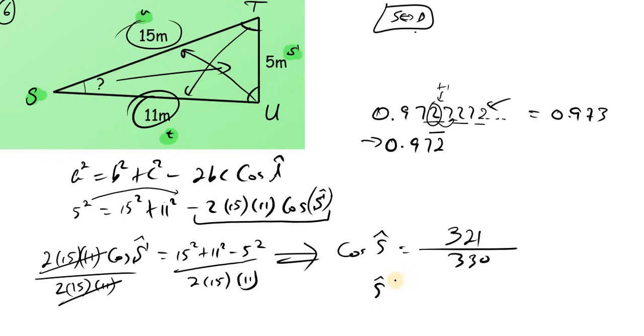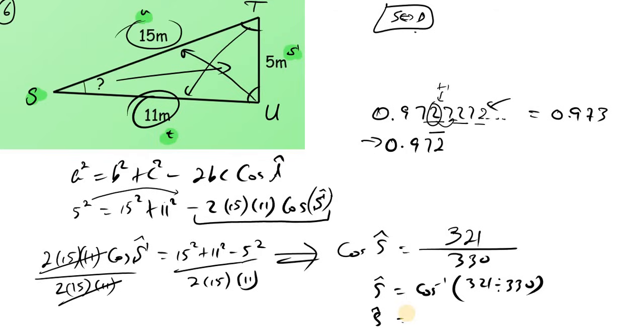So you know what you could have done? You could have put angle S is equal to cos inverse, and just left this in your calculator, 321 divided by 330, rather than going through this whole drama of doing all of that. Then you go shift cos inverse and put in your values.